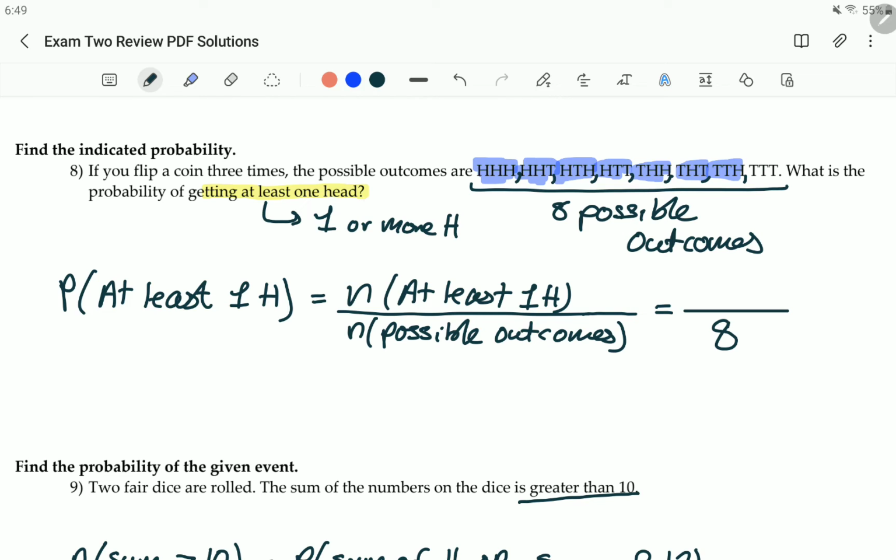The 7 options that are highlighted in blue have at least 1 head, 1 or more H's presented. So the probability of having at least 1 head is going to be 7 out of 8. And that is the answer to this question.